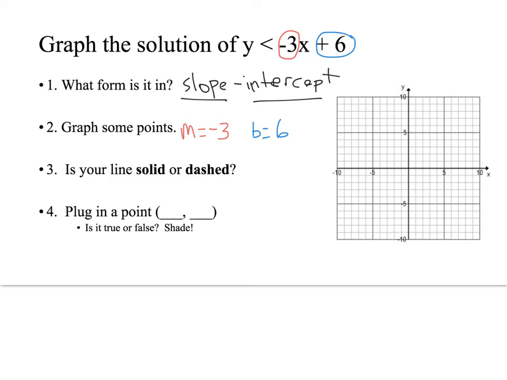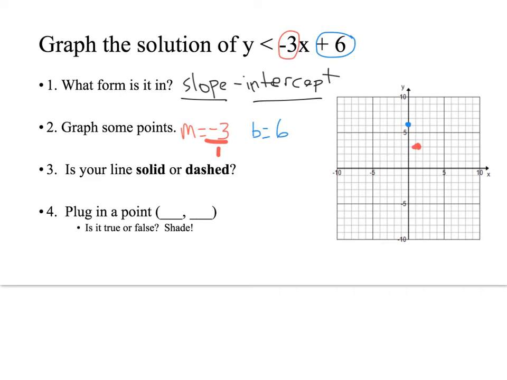So on the coordinate plane, I'm going to go ahead and draw a point right there, 6 on the y-axis. Now we're going to use our slope and we're going to move. Notice -3 means down 3 and then right 1. So from that point, the blue point, we're going to go down 3, 1, 2, 3, and right 1. This is the point that we will graph next.